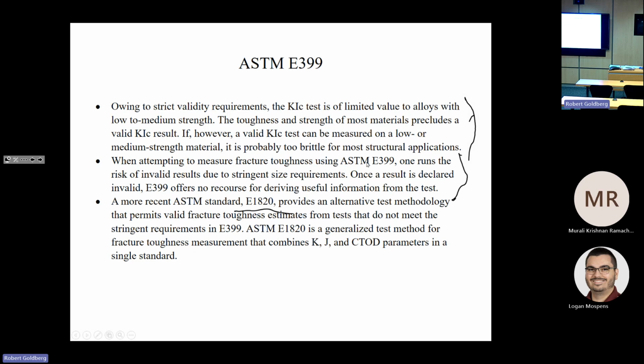And there's a more recent standard that has an alternate test methodology, which basically combines K and J and CTOD all into a single standard.